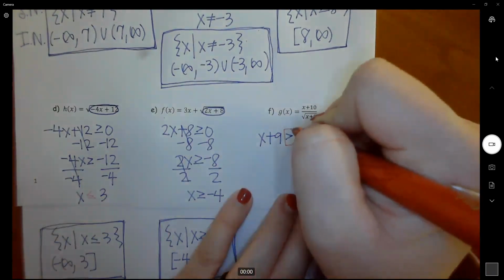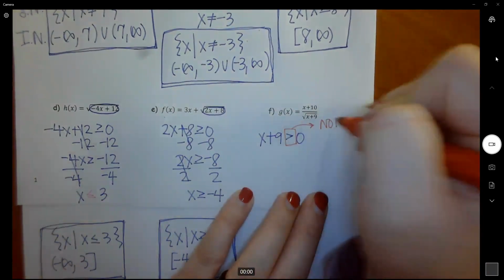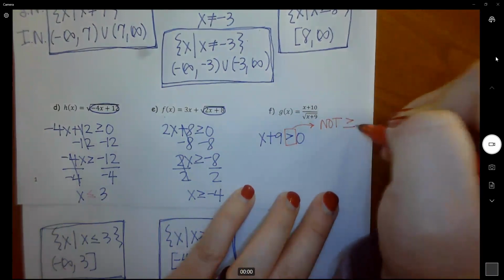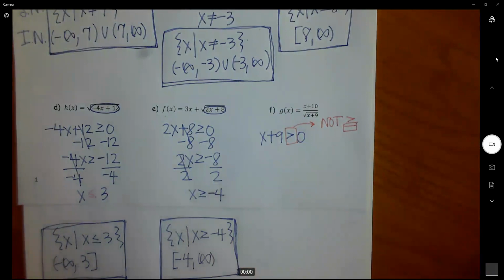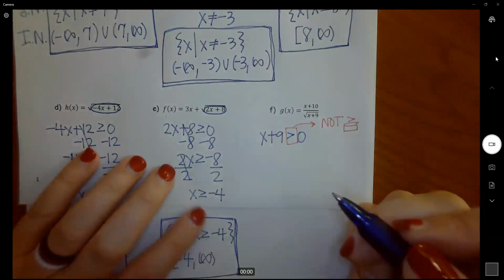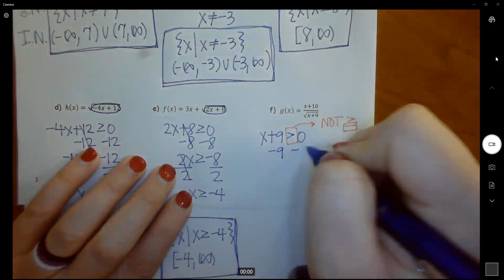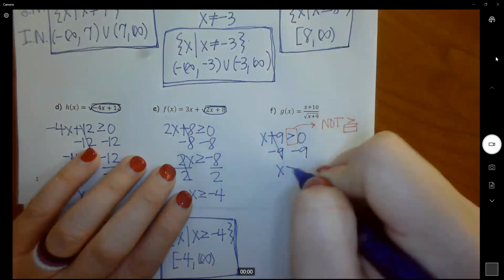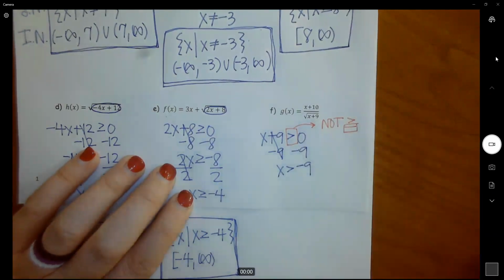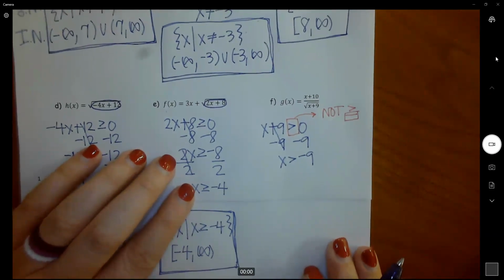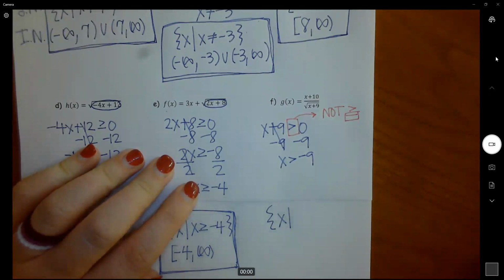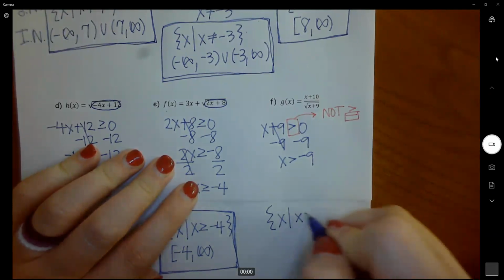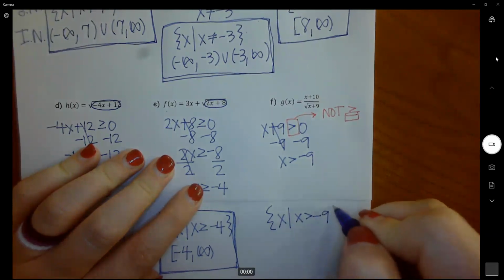So this right here is not greater than or equal to. So we'll solve by subtracting 9, and we get x is greater than -9. So in set notation, this is the set of all x such that x is greater than -9.